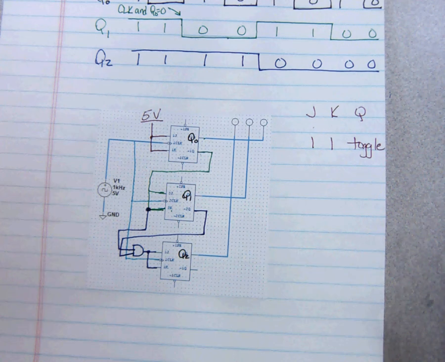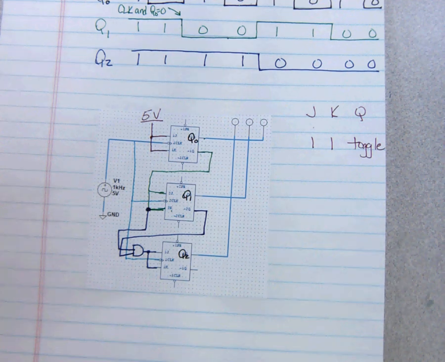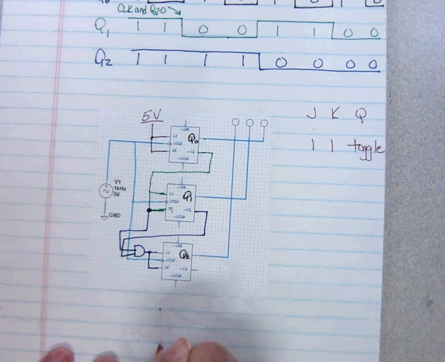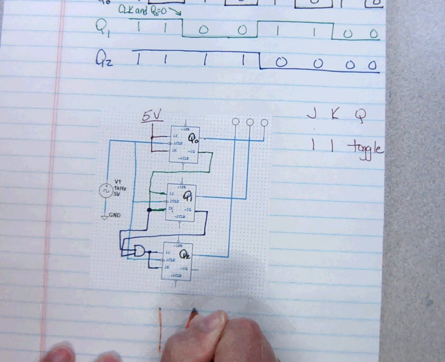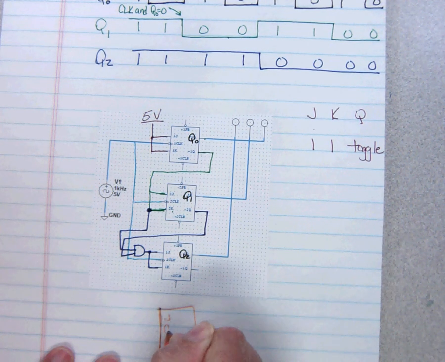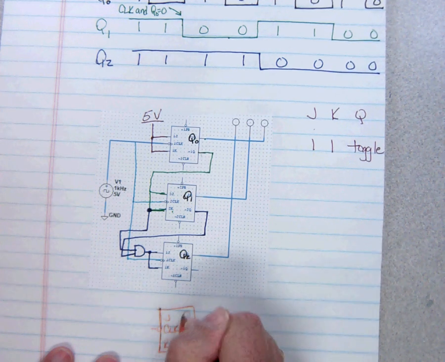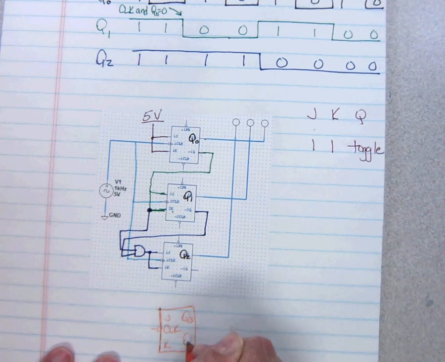Again, if I want to create a 4-bit down counter, all I would have to do is add that additional flip-flop here. Again, we'd be doing a JK and a clock with my Q3.